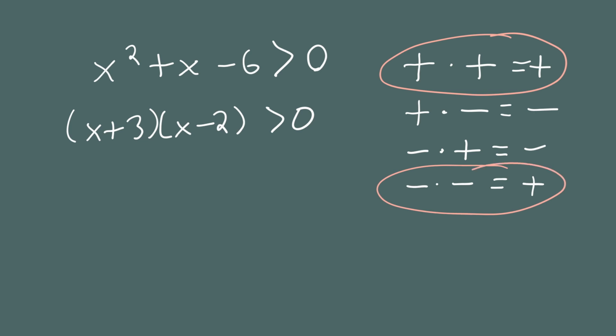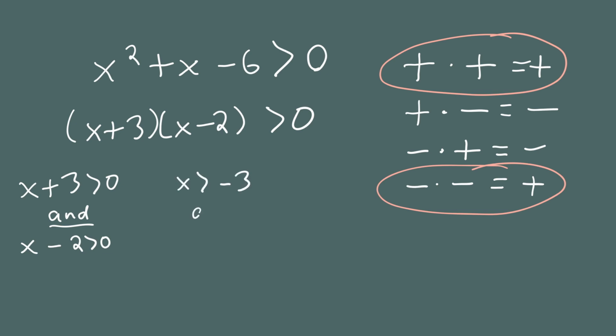If both factors are positive, then x plus 3 must be greater than 0, and x minus 2 must be greater than 0. If you solve these basic inequalities, you get x is greater than -3 and x is greater than 2. Now, this is an interesting situation.